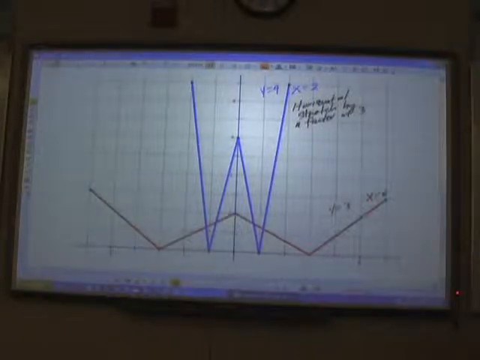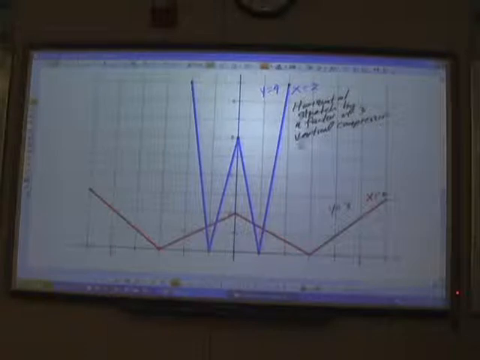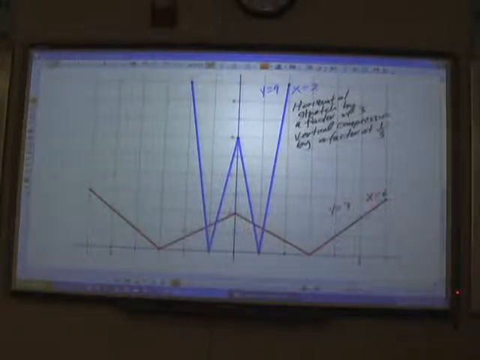So we have a vertical compression by a factor of 1/3. The height of the red graph is 1/3 the height of the blue graph.